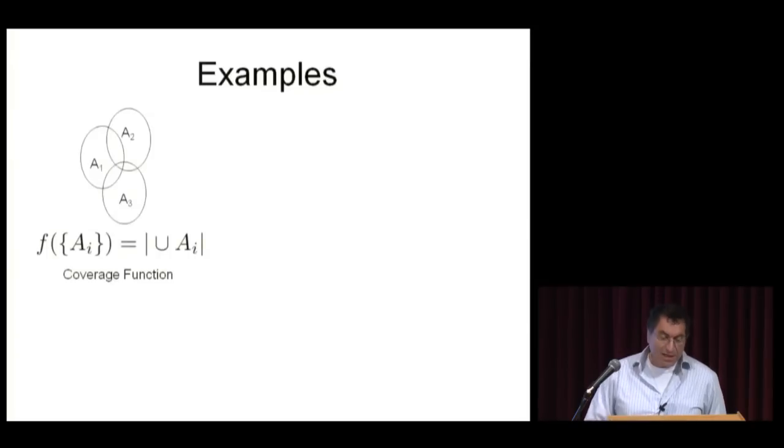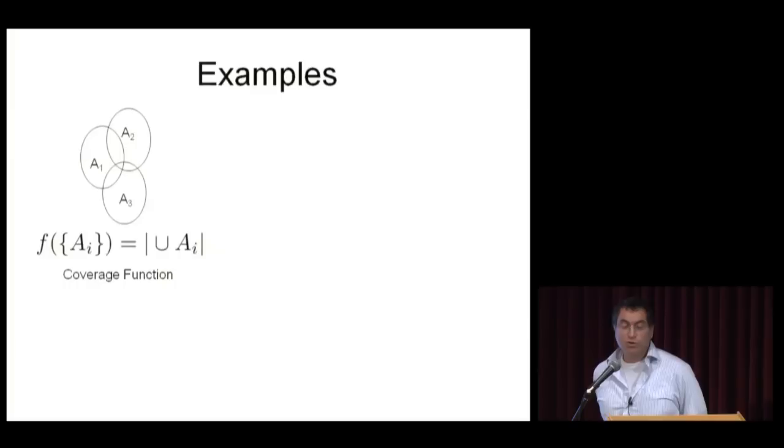Okay, so let me give you an example of a submodular function, for example the coverage function. Here, again, the submodular function is on sets of elements. The elements are the sets here, and the value is the number of elements which are covered by the sets. That's confusing because the sets are elements.